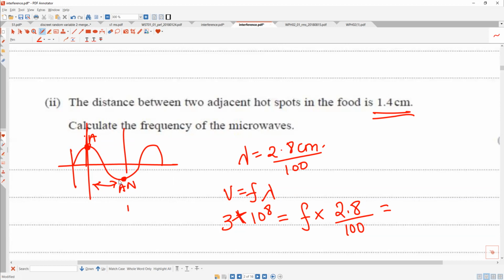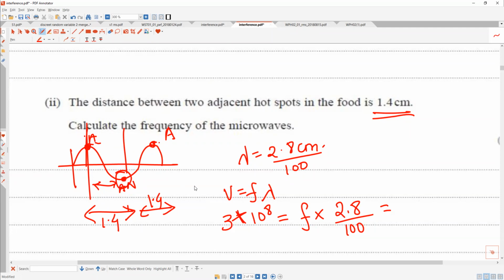You know antinode to antinode is half a wavelength, right? So antinode to antinode is 1.4. Full wavelength will be how much? 1.4 doubled is 2.8. From this point to this point they are not adjacent, by the way. This is the adjacent antinode. Clear? Online everyone, clear?